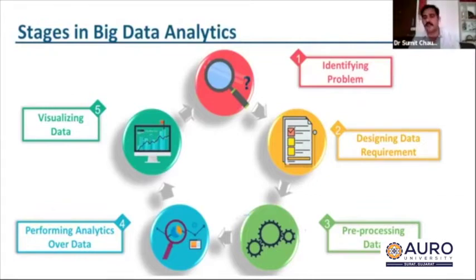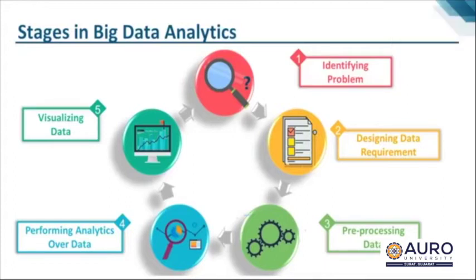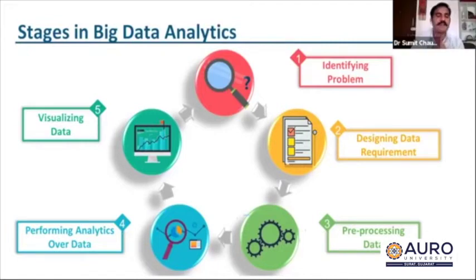Next one, number three, we have pre-processing data. In pre-processing, first we will do the cleaning of the data, so that we will have the exact data, and you can perform some sort of processing on that data. So that is called pre-processing of the data. Number four step will be analyzing the processed data using various methods. We have to analyze the data using different kinds of methods that we will discuss later on.